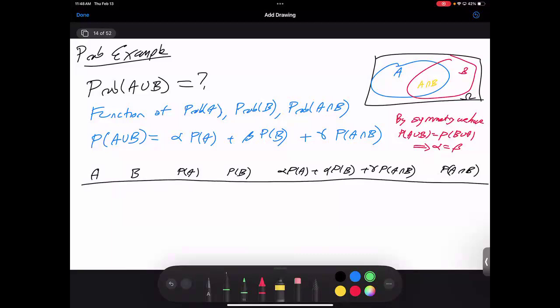Empty set. So if B is the empty set, let's let P be the probability of A. What would be the probability of B? 0. And then alpha probability of A plus alpha probability of B plus gamma probability of A intersect B, what would that be?